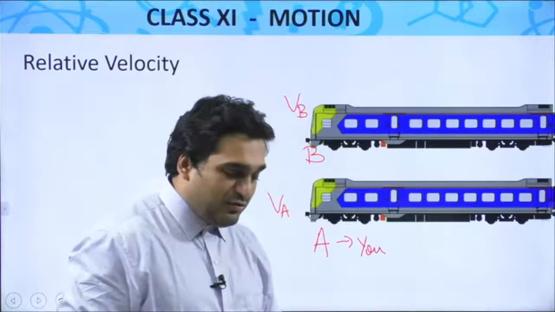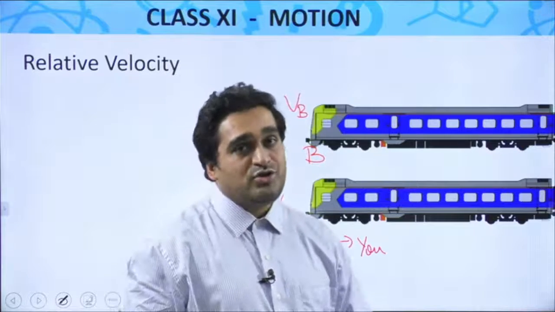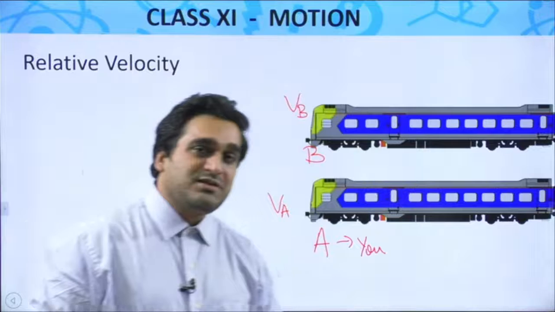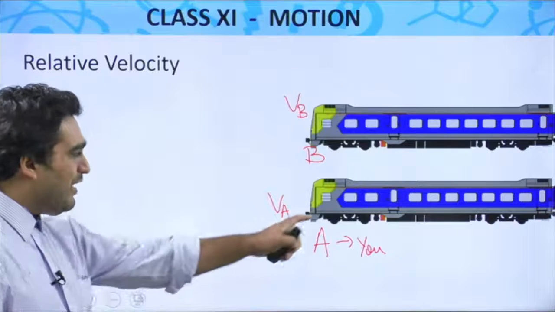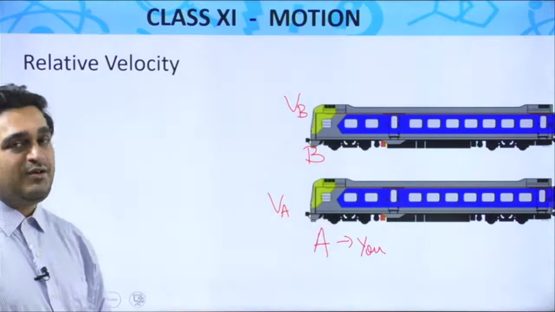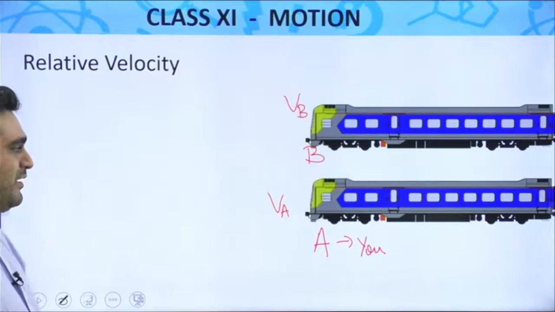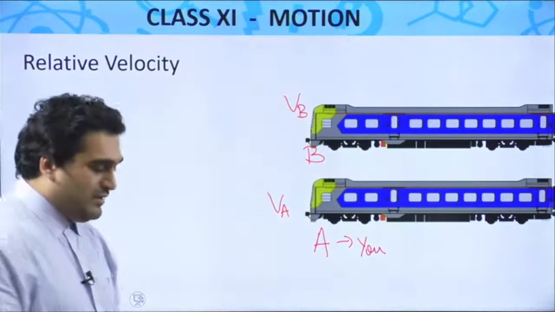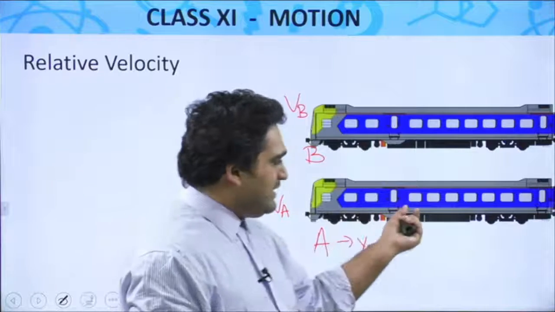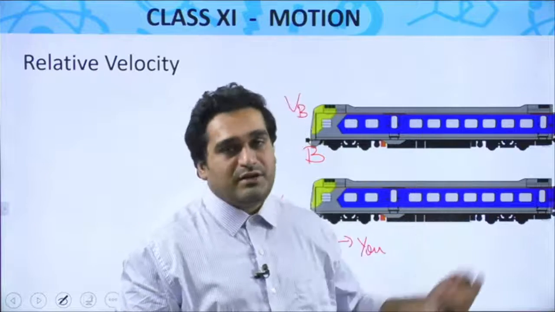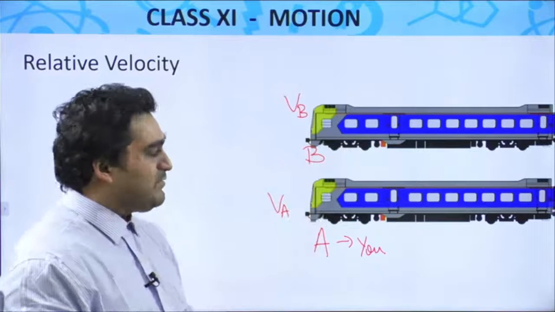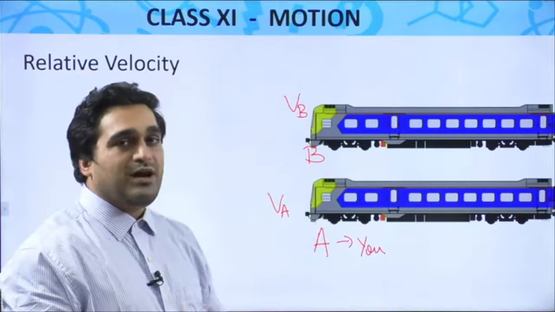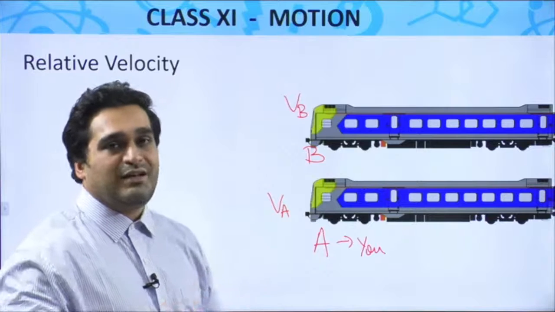Will it appear to move faster or slower? Well, the answer is it will appear stationary if you are sitting inside train A. So why is it that for you sitting inside train A, observing train B, it appears that train B is at rest? This is where we come to an understanding of relative velocity.